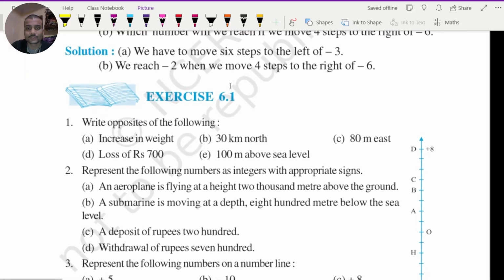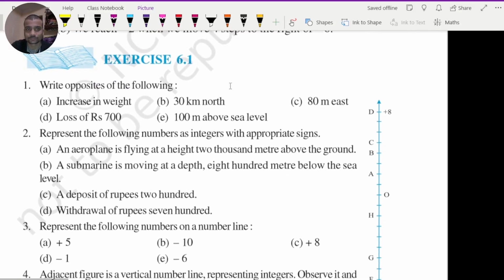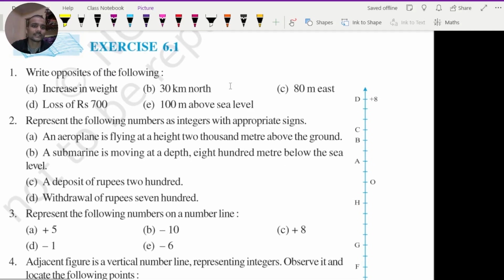What does 6.1 say? 6.1 says write the opposite of the following. Opposite of the following means that if you are in a good position, it says I am in a bad one. That is the opposite; the word has been used here. So, increase in weight.